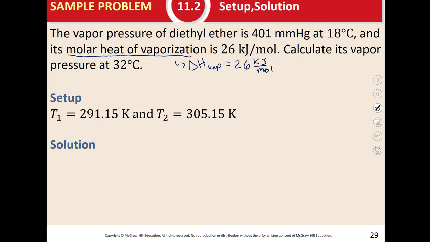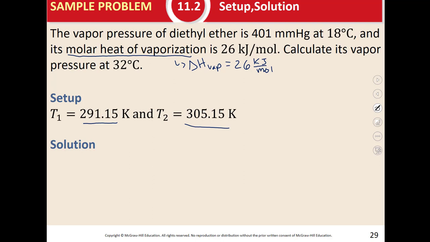And then we have the two temperatures. So we said that we needed to convert those two temperatures to kelvins. To save time, we already have them both converted to Kelvin. Just add 273.15. But what is the other unit conversion we have to use before we can use that equation? Good.